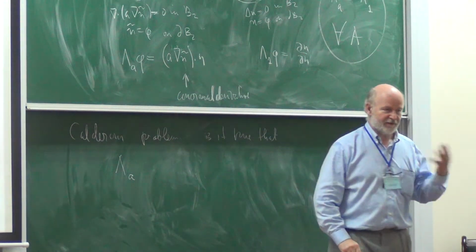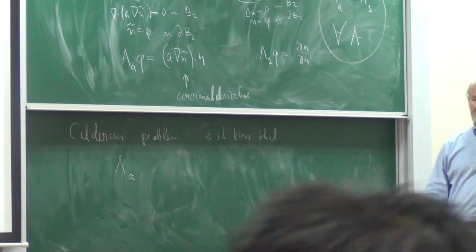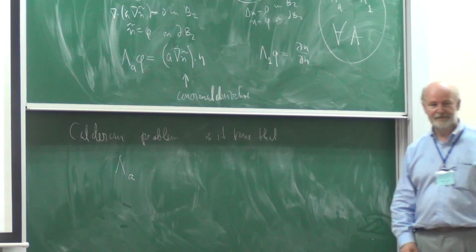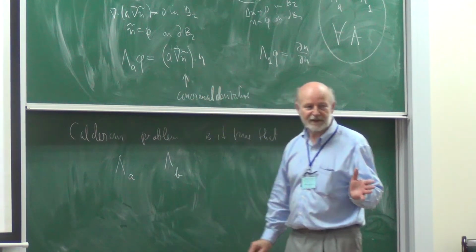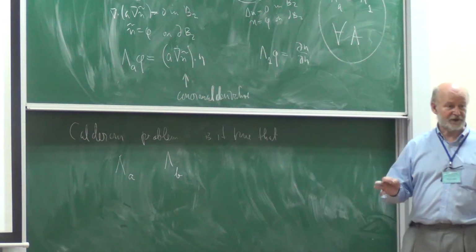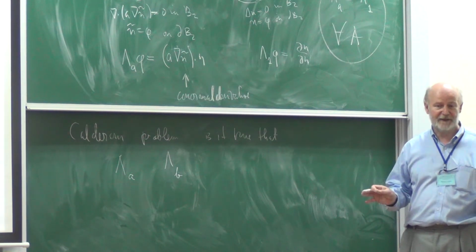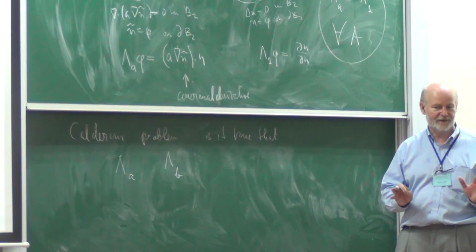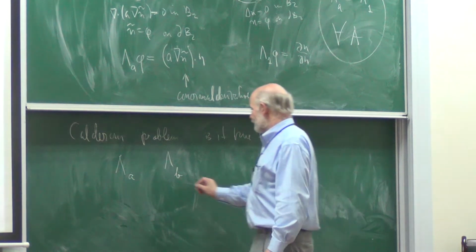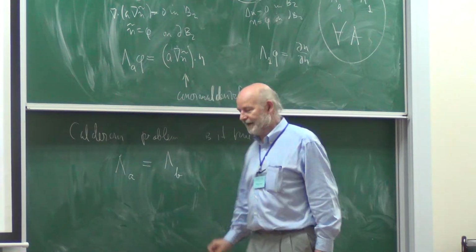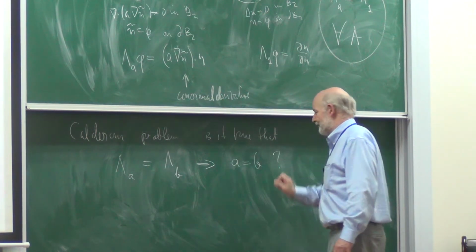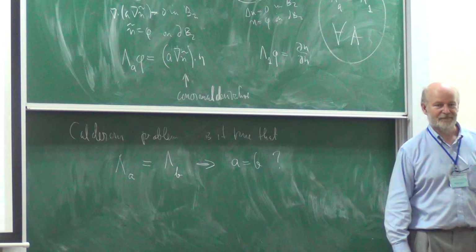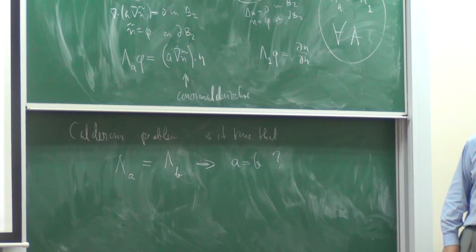Lambda A is the Dirichlet-to-Neumann data map for a particular coefficient A. And lambda B is the Dirichlet-to-Neumann data map for a coefficient B, positive definite, L infinity, so that you have an elliptic operator. Is it true that lambda A equal to lambda B implies that A is equal to B? That's sort of Calderon's problem.